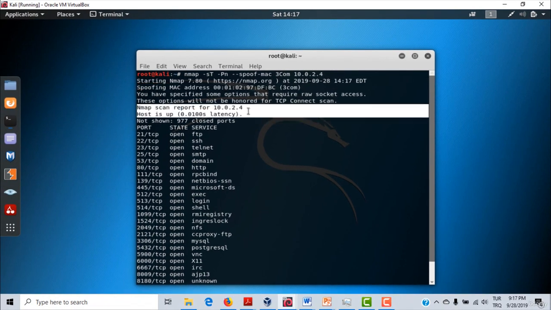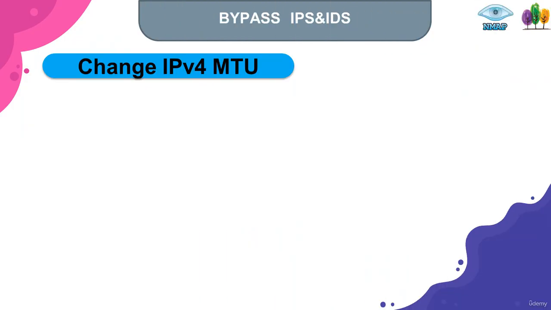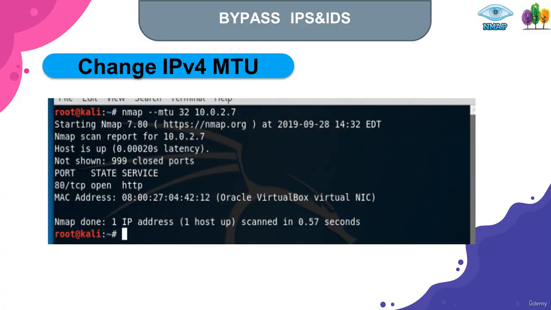Now, to change the MTU value in sent packets, Nmap gives the user the option to set a specific MTU, which is the maximum transmission unit, for the packet. So it's similar to the packet fragmentation technique.